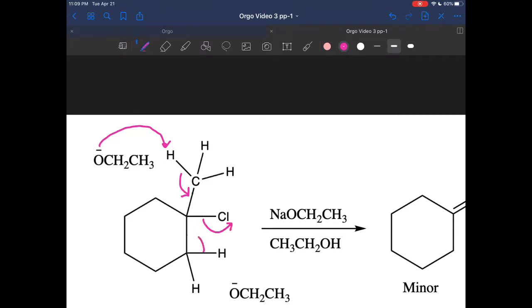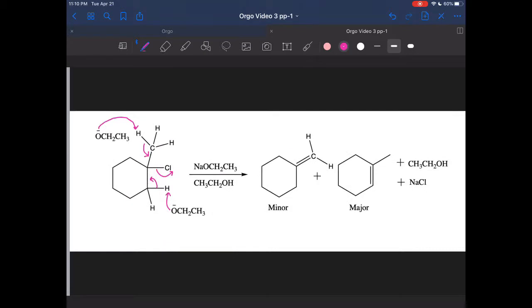This hydrogen will form a double bond here. And this hydrogen will attach to this oxygen, resulting in our minor product and our major product. Our minor product is disubstituted, and our major product is trisubstituted.